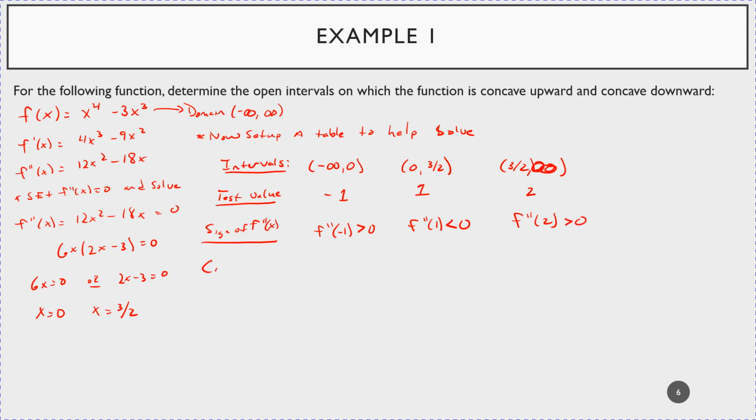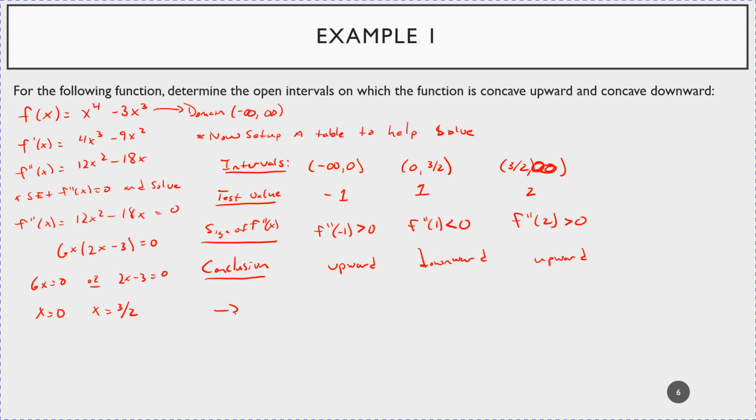So what is our conclusion? Wherever it's greater than 0, that means it's concave upward, and whenever the sign is less than 0, that means it's concave downward.